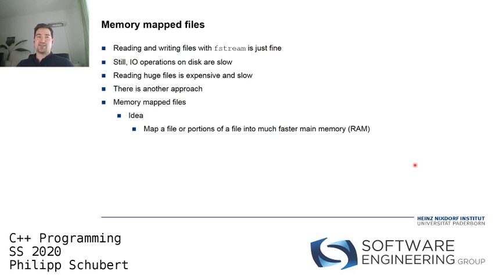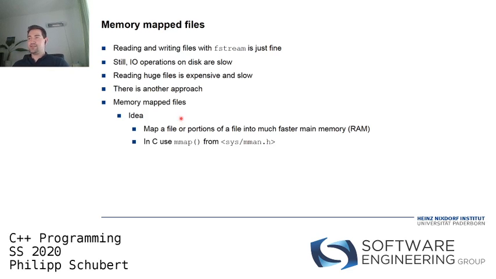So you have a huge, maybe terabyte size file, and you create kind of a small window in main memory, which can move over the huge file that you don't wish to read as a whole into random access memory. So you have a window which can shift and move over that file, and you can access portions of the file through that memory mapping.